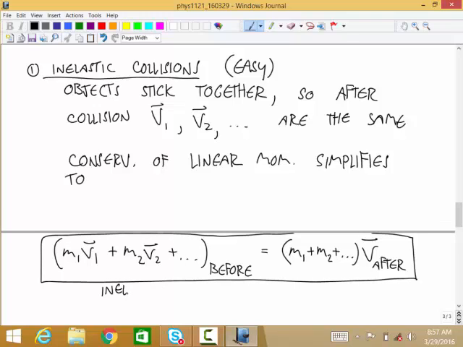So this is for inelastic collisions only.